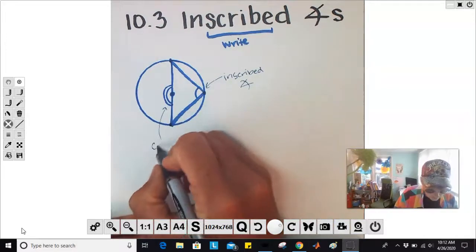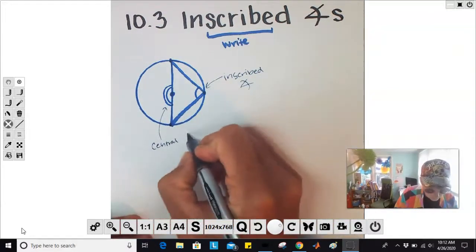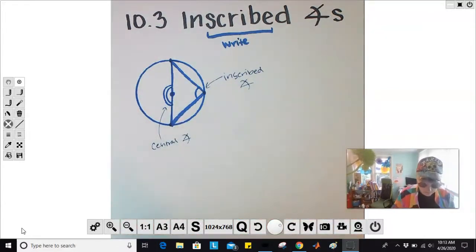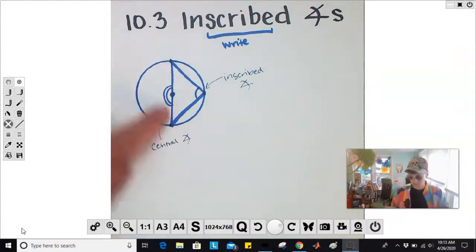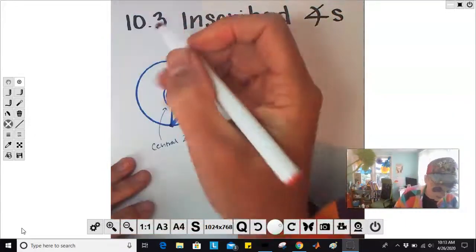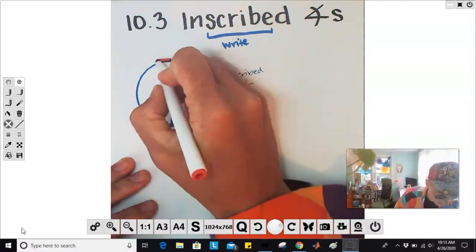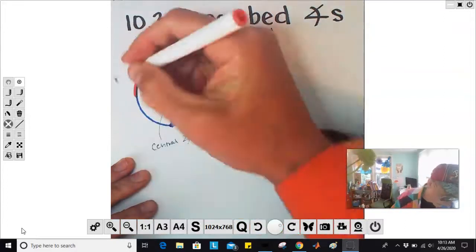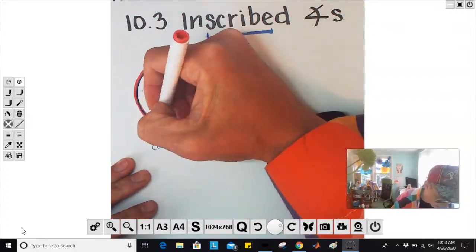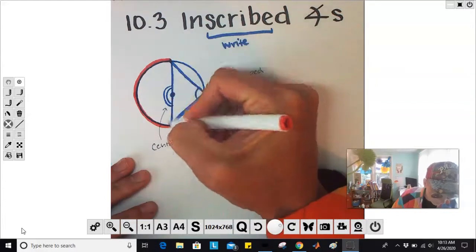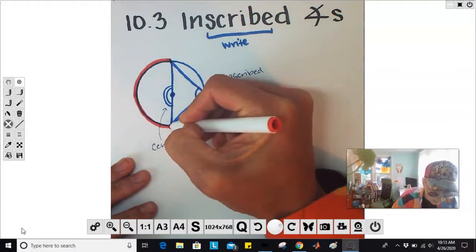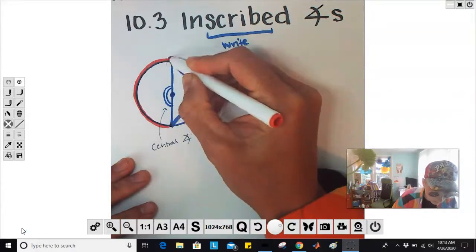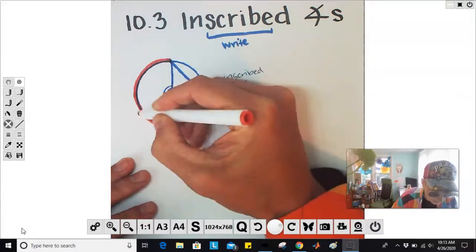That was our central angle. So, we have this 180 degree angle, right? It's a straight line. It subtends this arc here. This angle subtends this arc, meaning the ends of the angle, right there, form that arc.